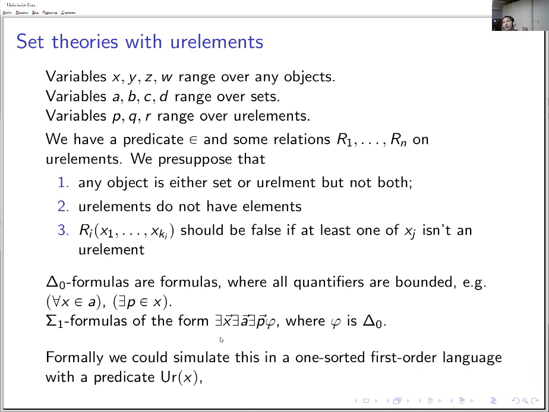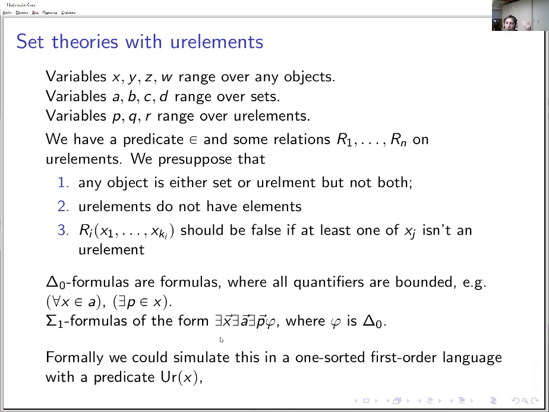Here we have some presumptions about the models. Basically, the domain of the model is split into two parts: the part of the domain that is objects that are sets, and the part that consists of objects that are urelements.